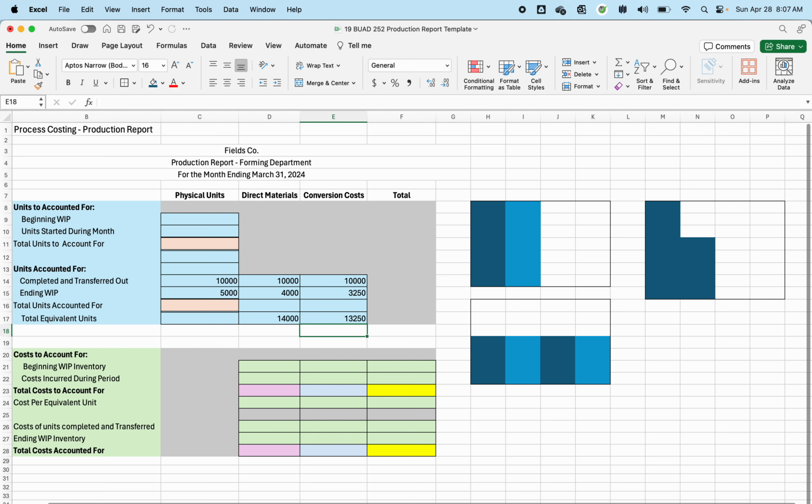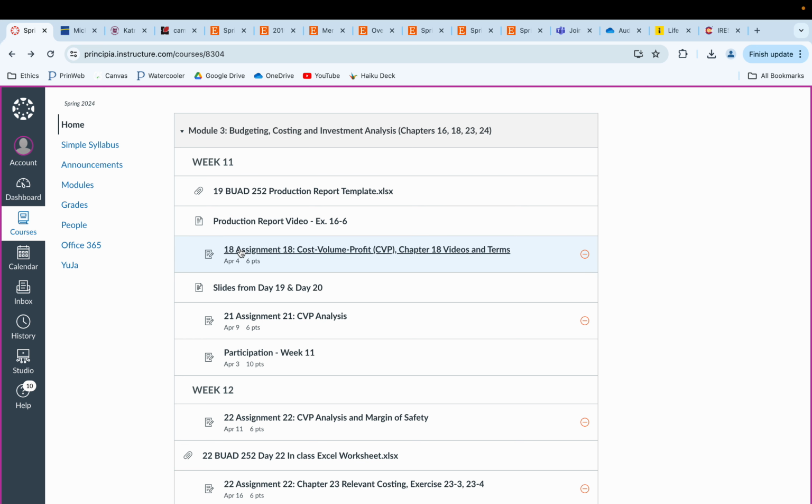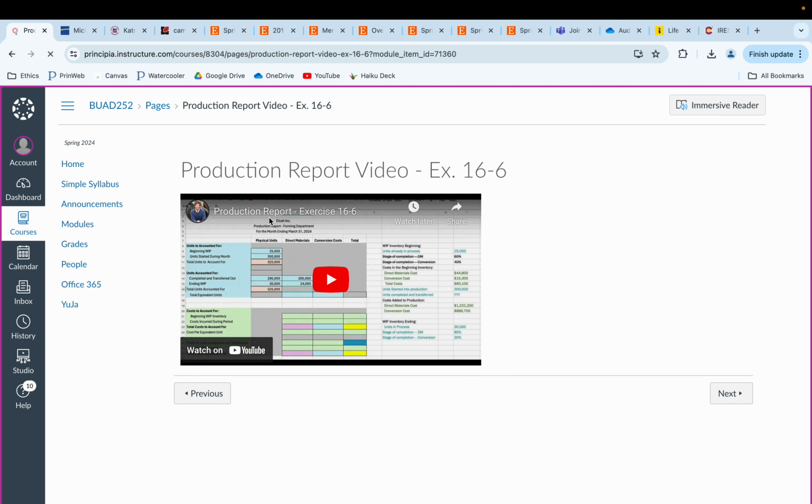So I have a whole video in Canvas showing this process. This is the production report video. So this would be a good one to watch and follow along with your example or exercise 16.6.